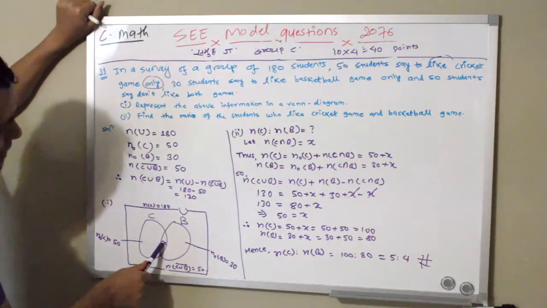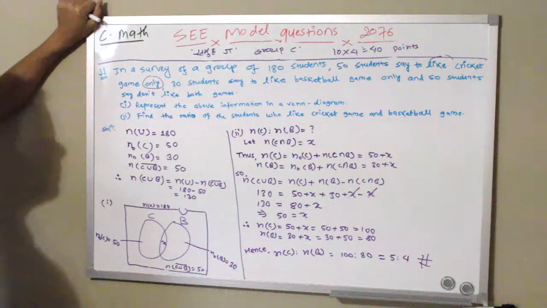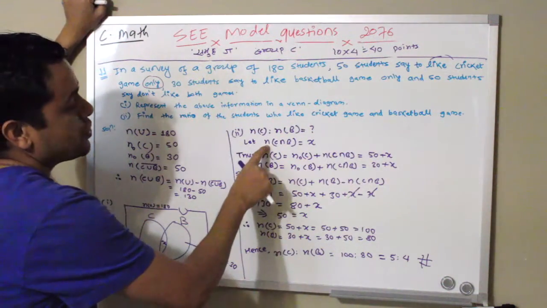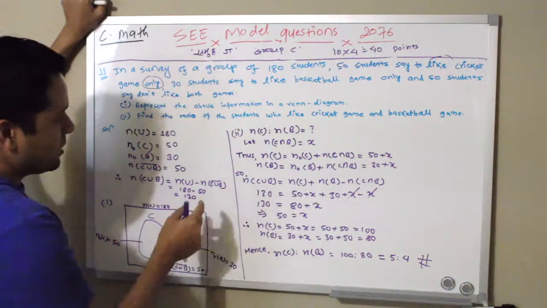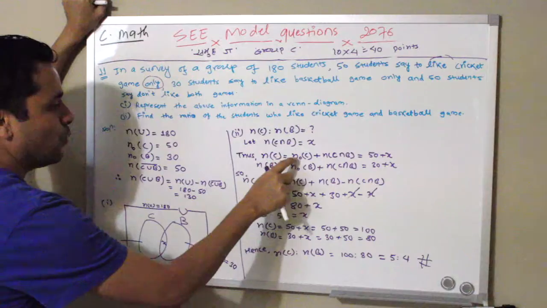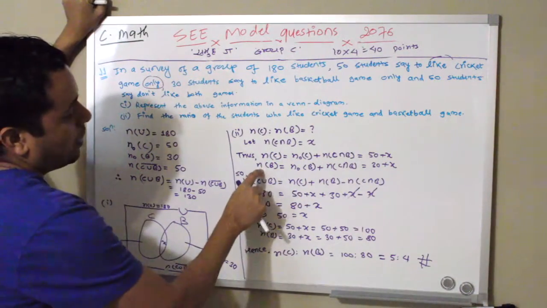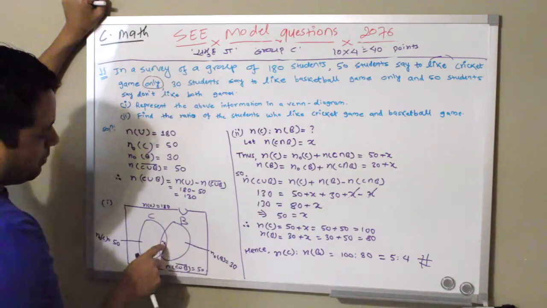If I can find the intersection, I can easily find C and B, then I can put the ratio. So let me assume the intersection is X. Then nC is only C plus intersection, which is 50 plus X. Number of B is only B, 30, plus X.